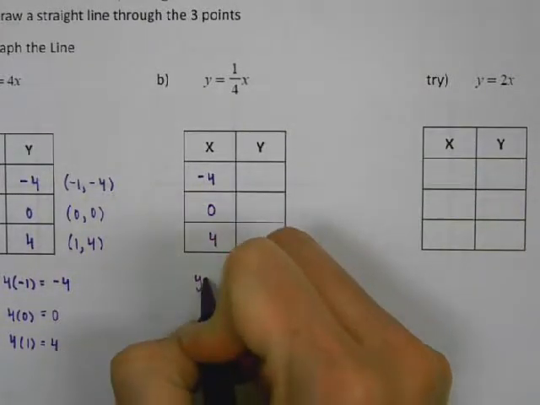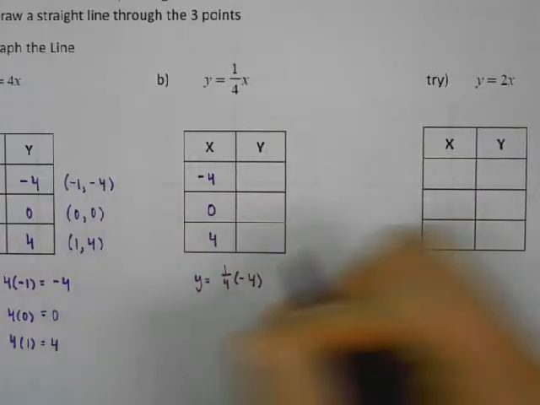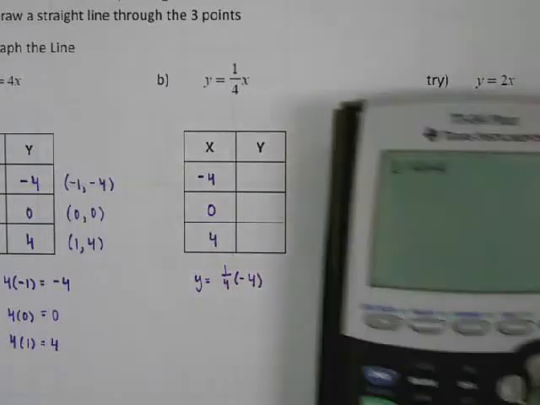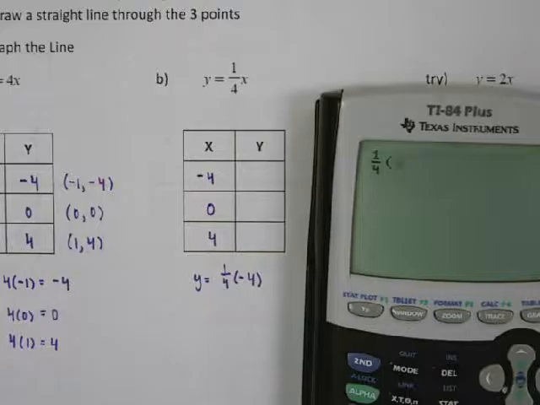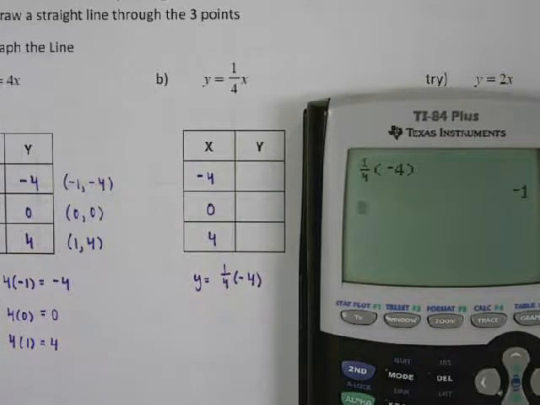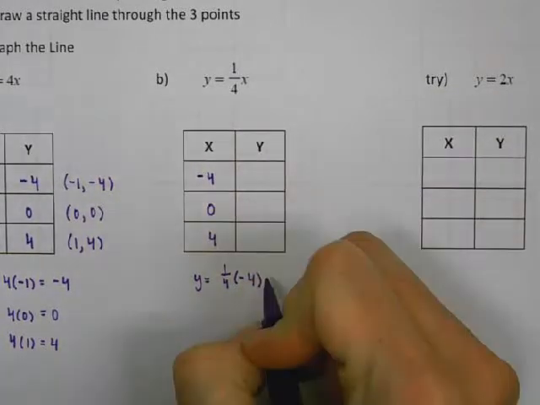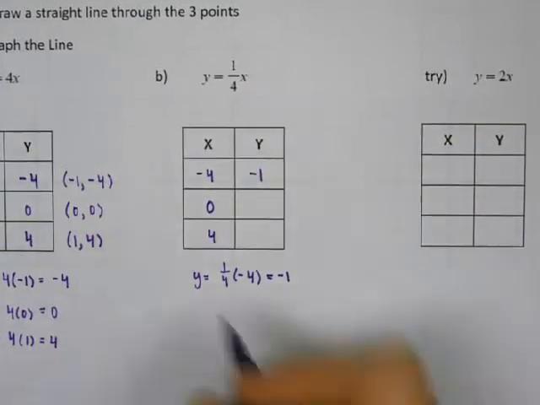So here's what's going to happen. I have y equals 1/4 x. When I multiply 1/4 by a -4, I could check in my calculator, that's going to give me a -1, so that's going to make it nice and easy to graph. So my corresponding value is a -1.